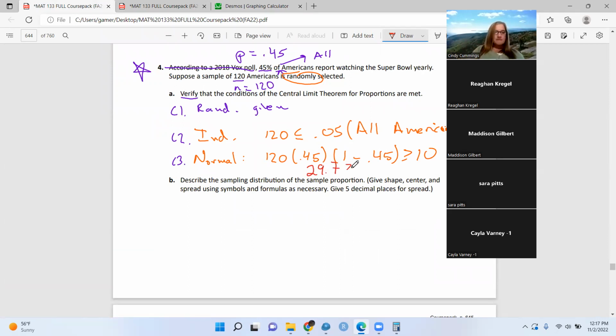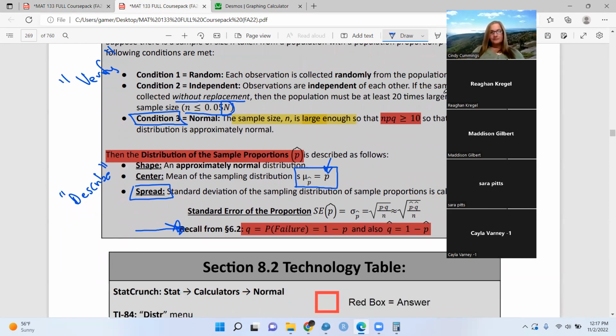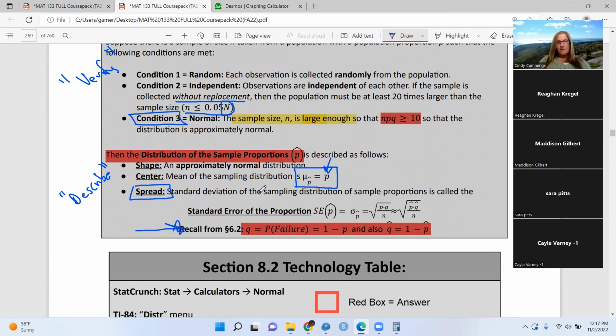Okay, for some reason, I did the P times the square root of P times Q over N. That's for spread. Yes. It's not for the same thing, but it's easy to mix those two up because there's this one versus this one.